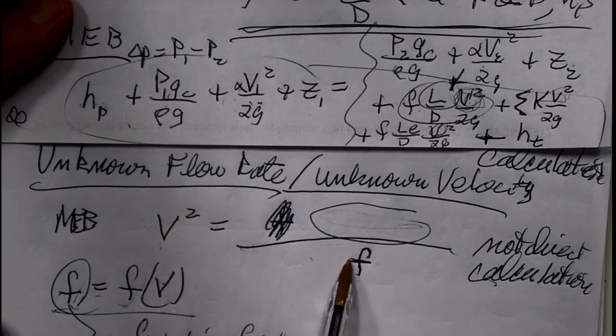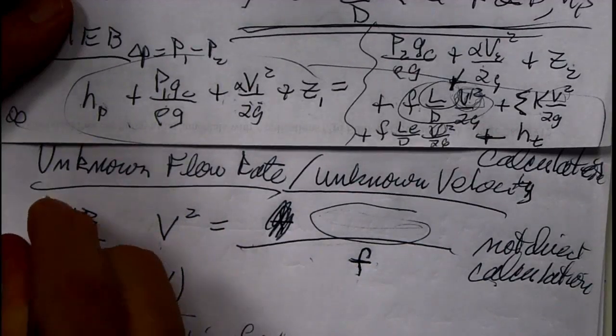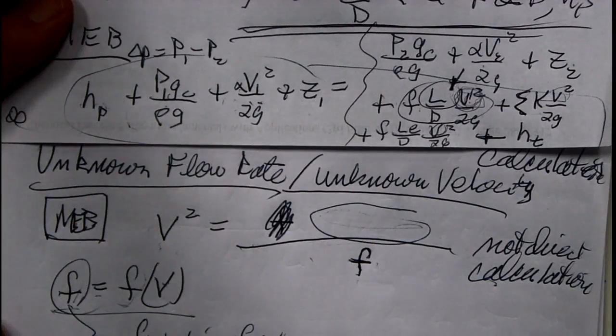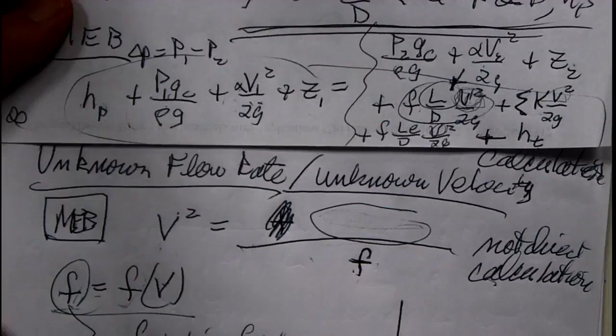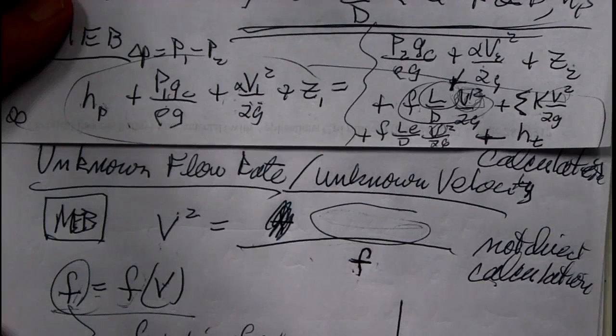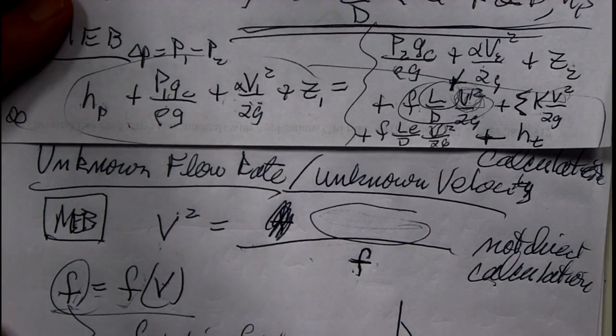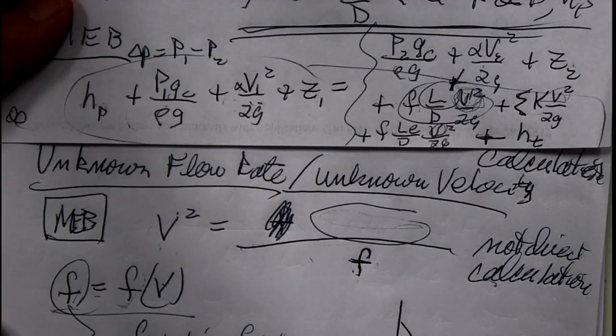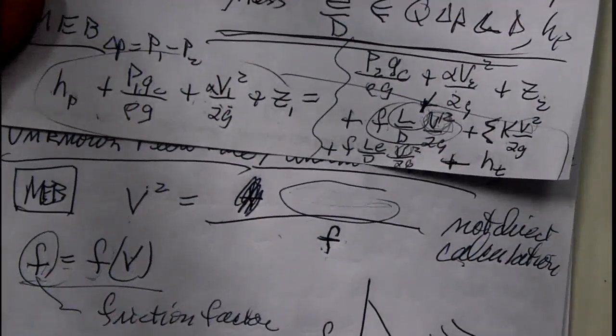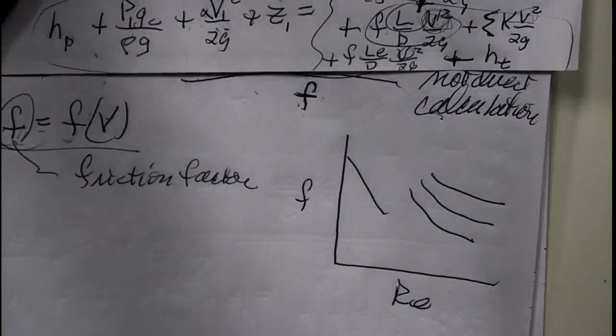So I have velocity as a function of friction factor, and friction factor as a function of velocity. I have the MEB as one relationship between friction factor and velocity, and the Moody diagram as the other relationship between friction factor and velocity, with the Reynolds number.